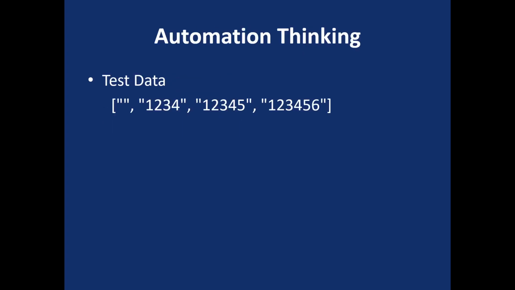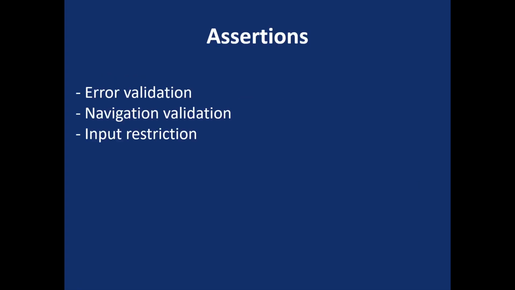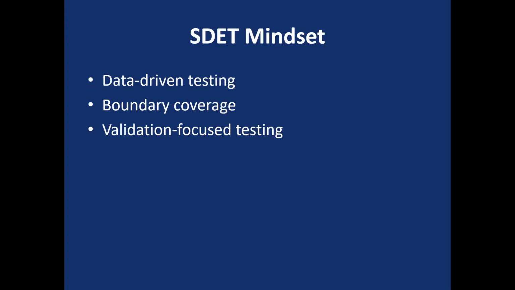And if we think from an automation test perspective, you can give such types of test data as you could see here, and try different test data. If we talk about assertions, we can check error message validations, navigation validations, input restrictions, and this is how an SDET works.